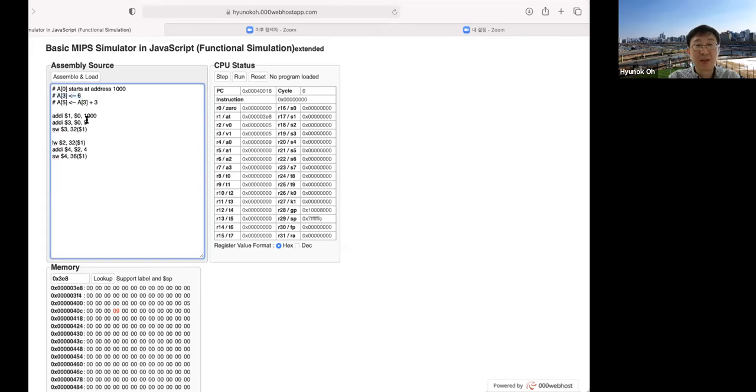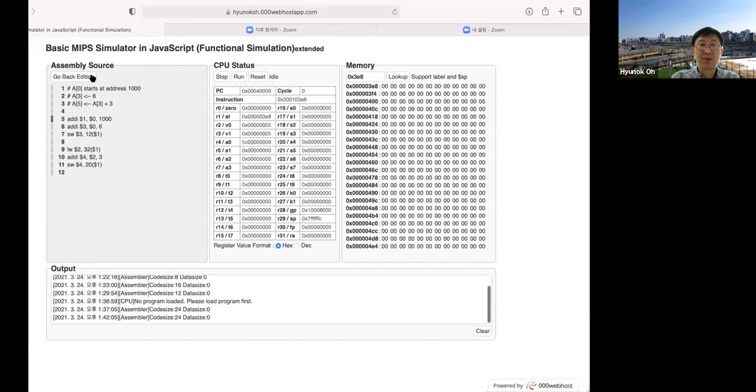So $3 will be 6. And the address will be 1000 plus 12, right? 3 times 4. And then it's loaded, added by 3, and stored into the 5 times 4, which is 20. Okay. That's the result.